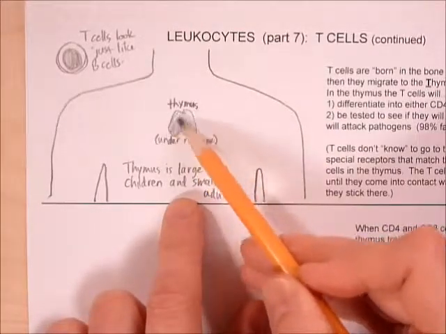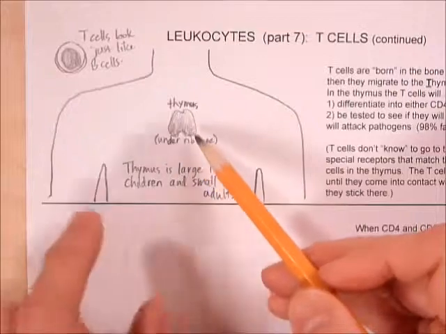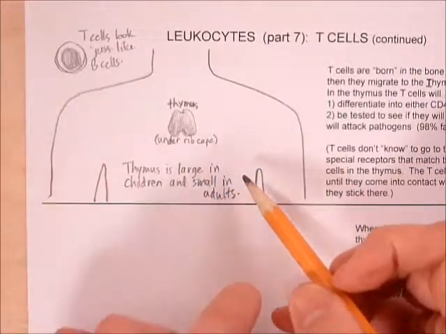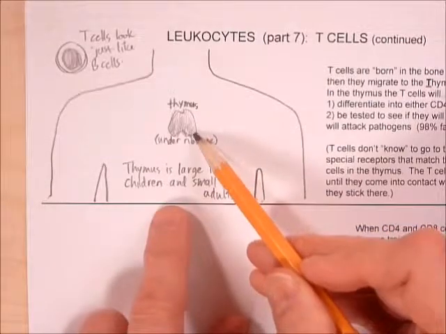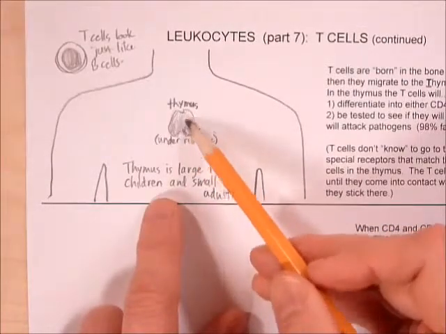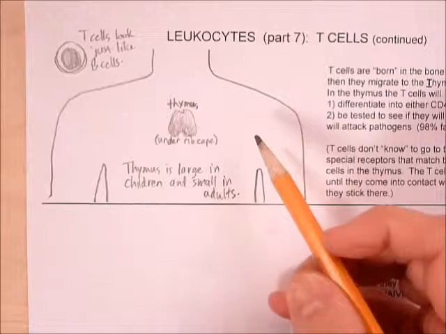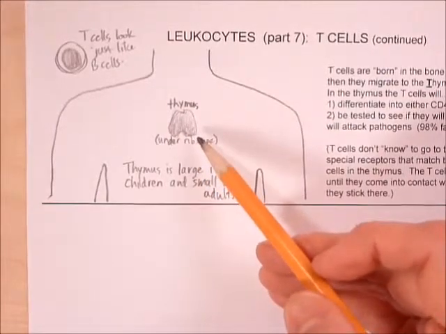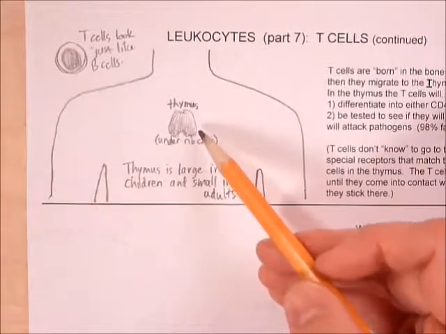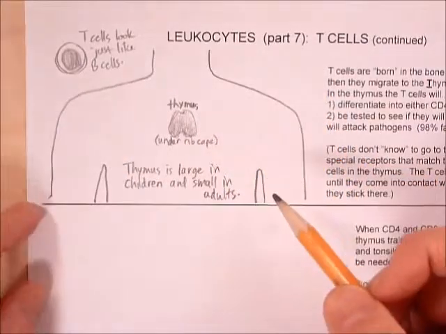There's a lot of T cell action going on here. And then as you go through your teen years, it shrinks smaller and smaller. And then as an adult, there's not a whole lot left. The cells sort of turn to fat. It's more fat and not very much active thymus left. So a lot of the action in this organ goes on when you're a kid.